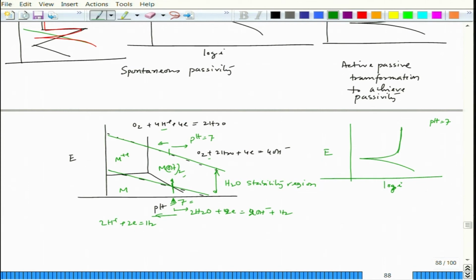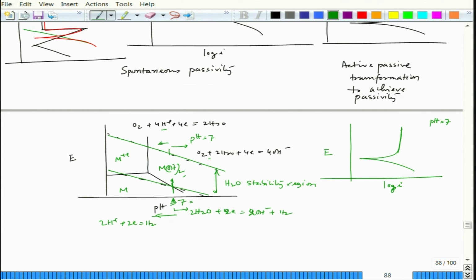So it will passivate. Now if that particular passivating metal is very strong, that means the passivation is very strong, the film may not break. There could be pit formation, but the pit will get covered up because of the strong passivity. M(OH)2 will cover up the pit, and the pit will not grow.